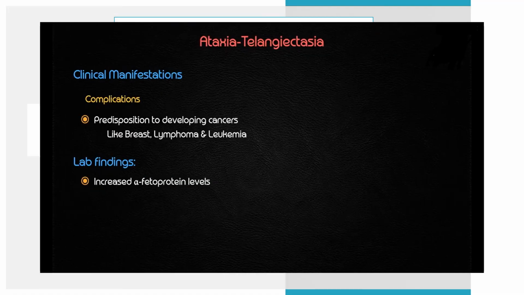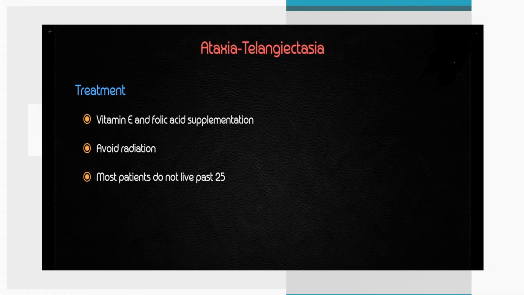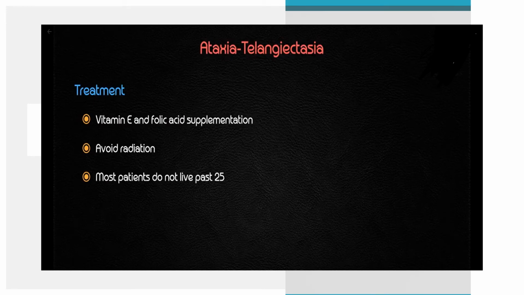And what are the complications? There is a very high degree of predisposition to developing cancers, especially breast cancer, lymphoma, and leukemia. The lymphomas and leukemias are more commonly present in the pediatric group, and very rarely the breast cancer. For the treatment, the first line of therapy is vitamin A combined with folic acid supplementation.